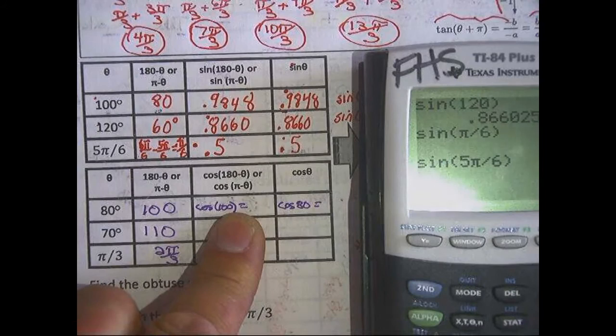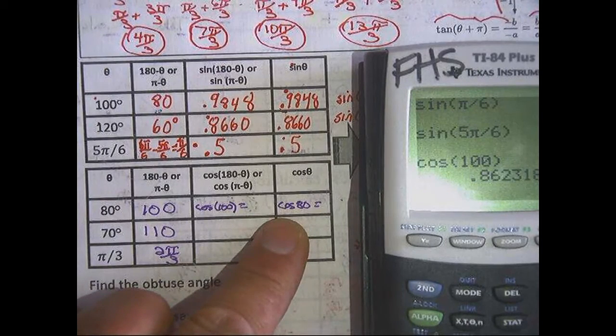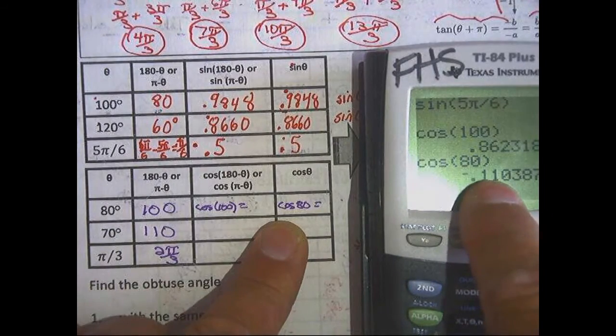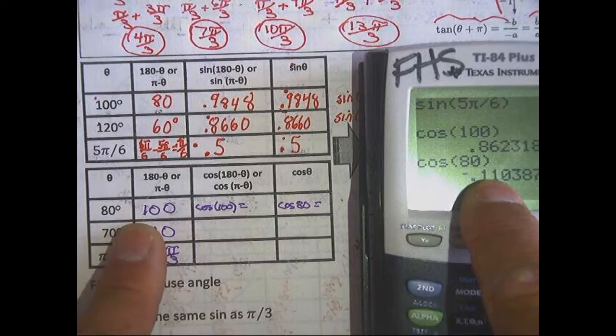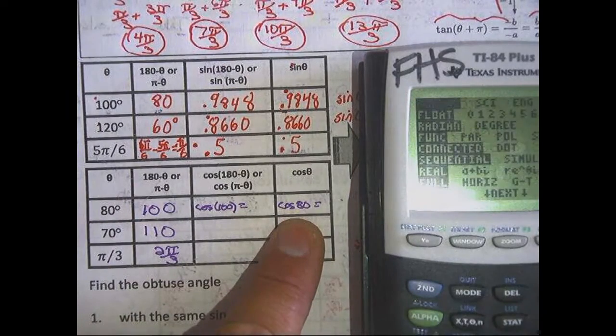So if I do the cosine of 100 and compare it to the cosine of 80, wait a minute, they're not even the same. Something's not right. Oh, classic mistake.